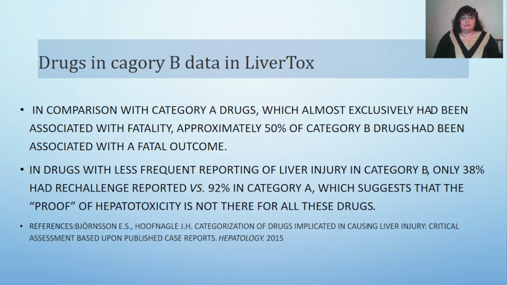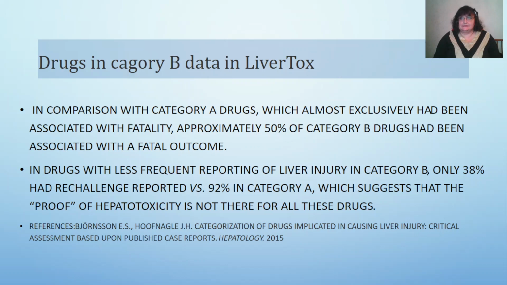We will continue our topic. We go ahead. It's another category, B, we will now talk about. Drugs in category B, data in LiverTox. In comparison with category A drugs, which almost exclusively had been associated with fatality, approximately 50% of category B drugs had been associated with a fatal outcome.